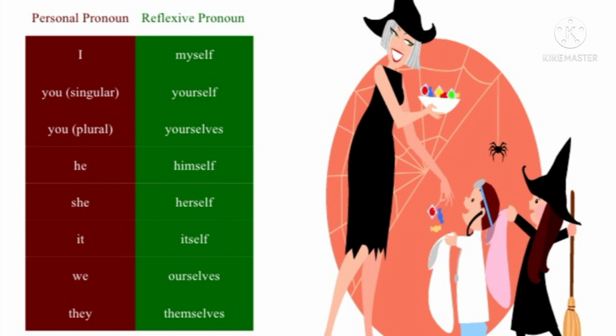A pronoun in which the action of the subject reflects or turns back on the subject itself is called a reflexive pronoun. That means if a reflexive pronoun is used, the subject pronoun or noun will be the same as the reflexive pronoun.